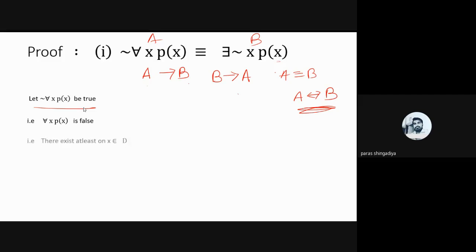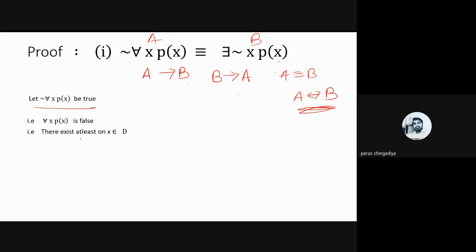And what is the meaning of every x Px? When we say every x Px is false, what is the definition of the universal quantifier? Every x Px is true for all x belonging to D, and every x Px is false if for at least one value of x belonging to D, Px becomes false.